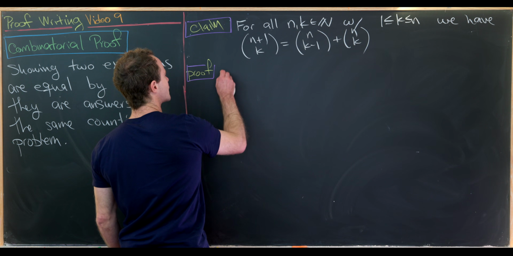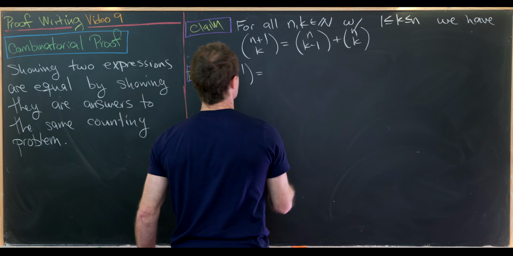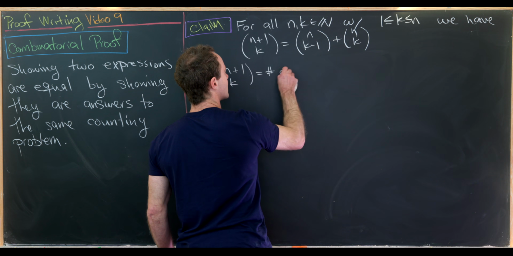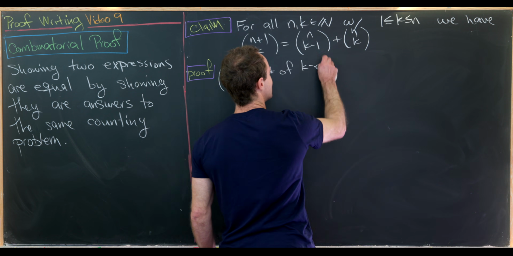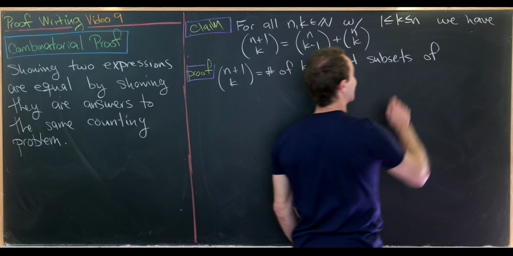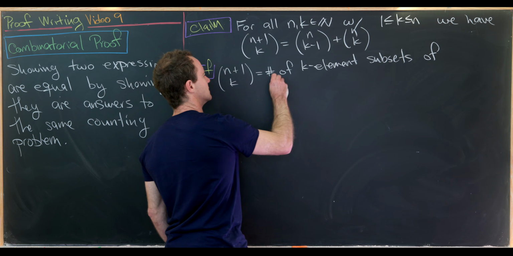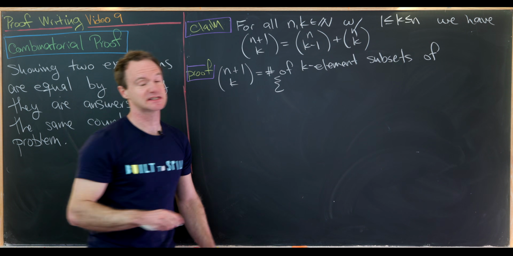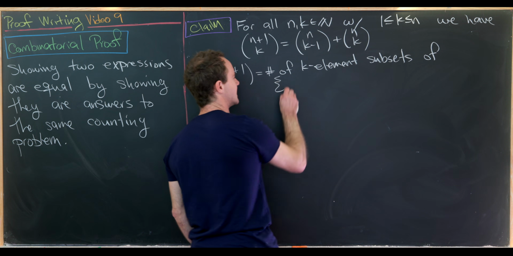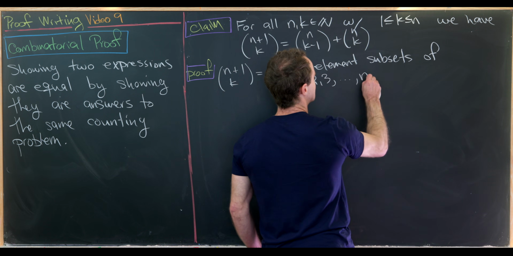And so let's quickly recall that n plus 1 choose k is equal to the number of k element subsets of an n plus 1 element set. But we might as well write down an explicit n plus 1 element set. And I'll write 0, 1, 2, 3, ending at n.